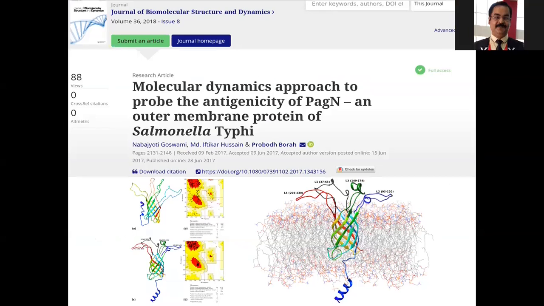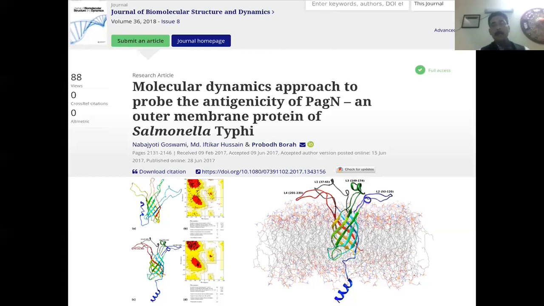Thereafter, we found the immunological capability of this particular gene, K2544, and the protein it produces is called PagN. The PagN is antigenic. It was proved by both in vitro as well as in vivo experiments.